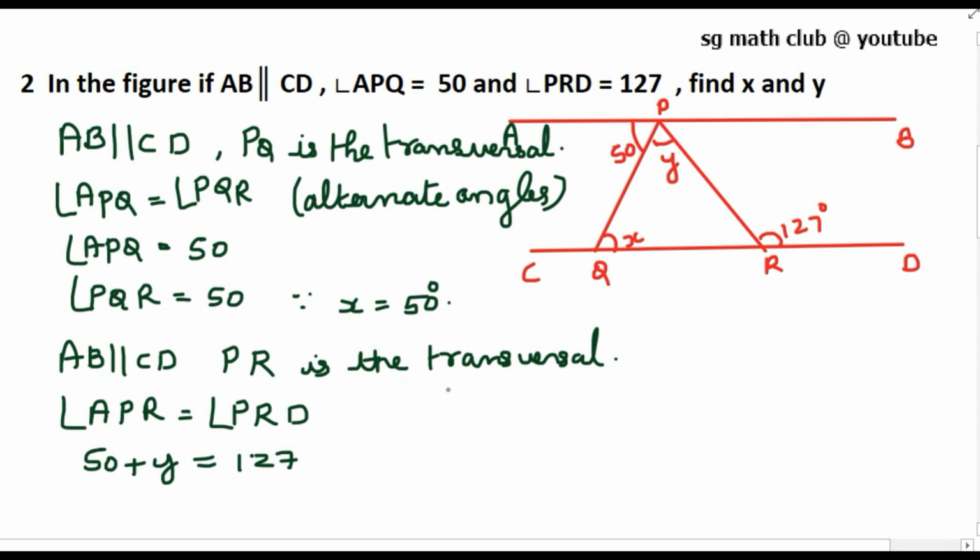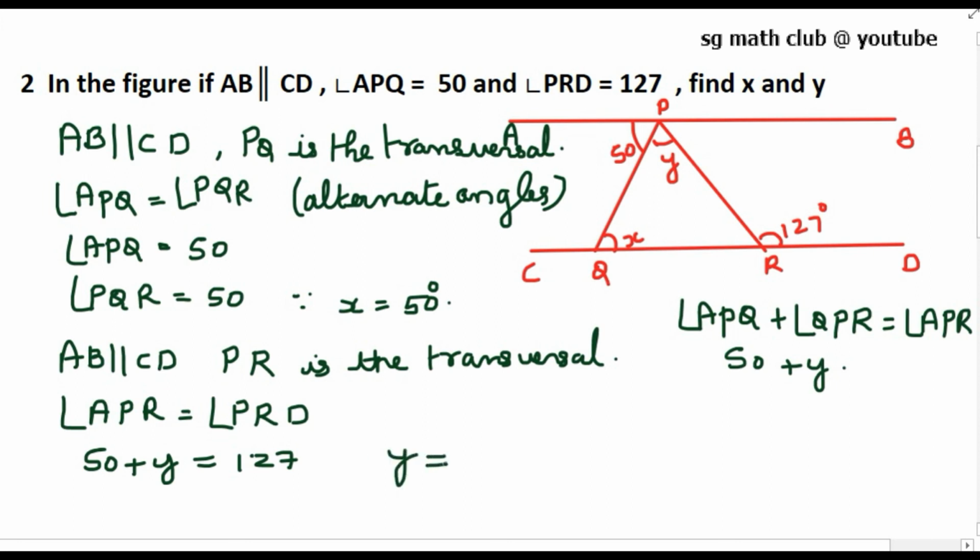I can split APR as APQ plus QPR, that is nothing but angle APR. So 50 plus y equals 127 degrees. Therefore y is 127 minus 50, which is equal to 77 degrees.